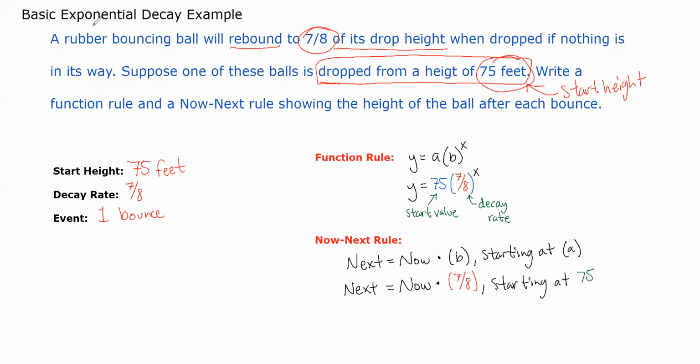We could also choose to write this in the flipped way and go now times 7/8 equals next, comma, starting at 75.